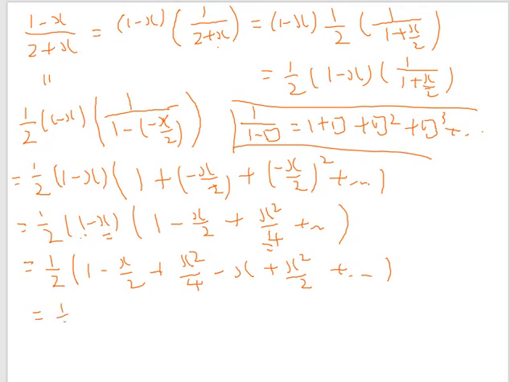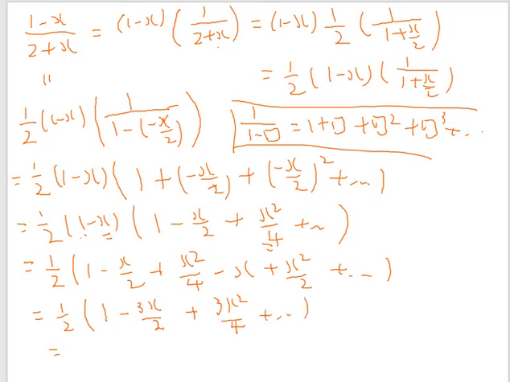So it gives you half bracket 1 minus 3x over 2, right? And plus 3x squared over 4.